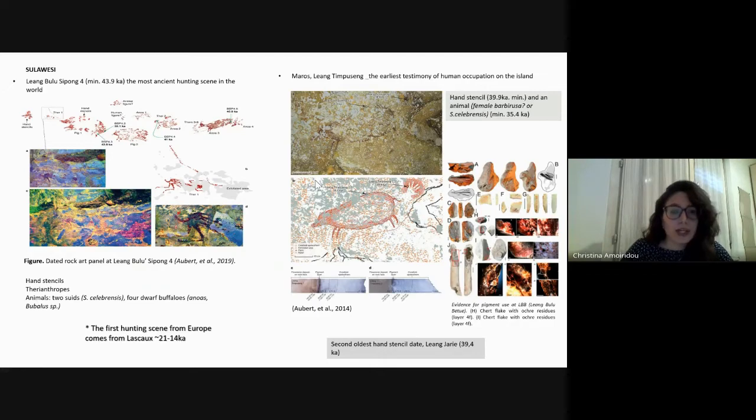Therianthropes are in fact human figures, but they are described as therianthropes because, as you can see in the close-up of one in the middle, they bear some animalistic characteristics, especially in the body and the head. You can see here a little tail and a concave body, looks like an armadillo body or something.